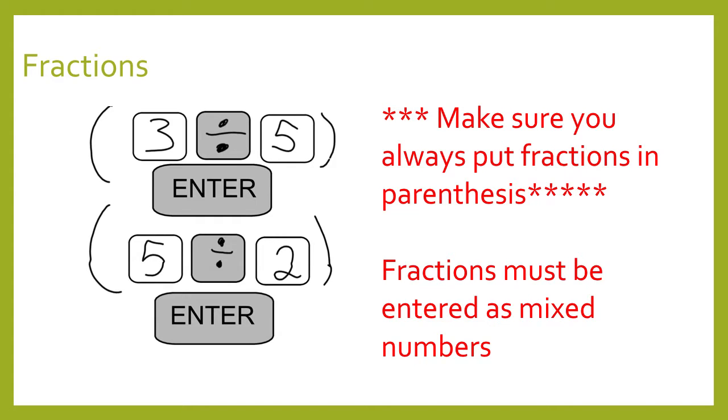So we put parentheses 5 divided by 2. You should get 2.5. Any questions on fractions? Make sure you always put them in parentheses, because when we start doing operations, sometimes you can get mixed up.